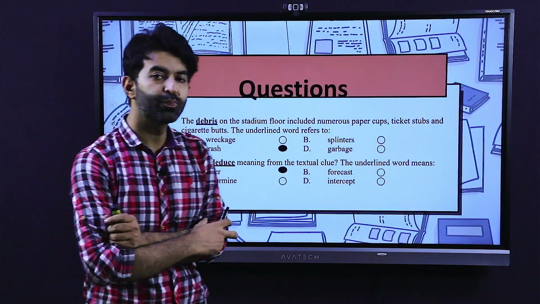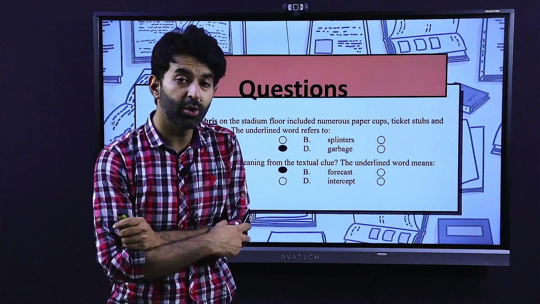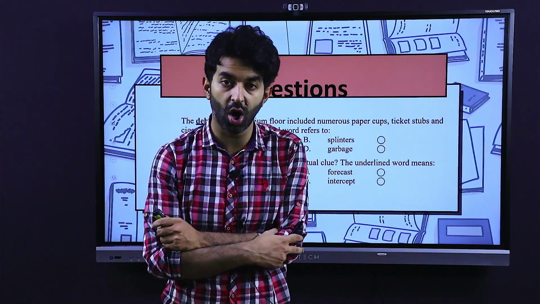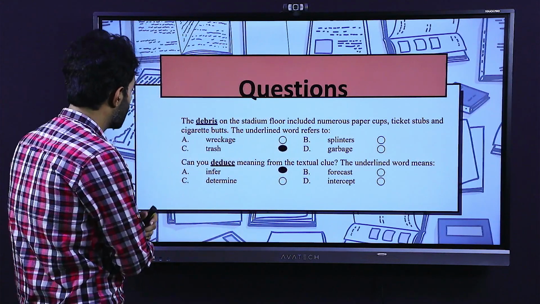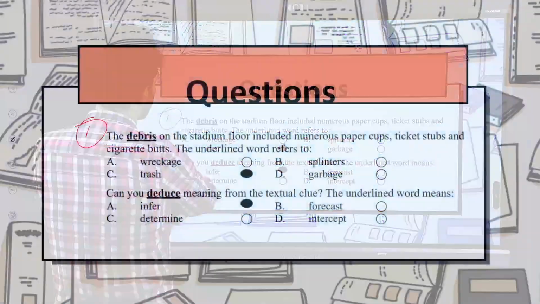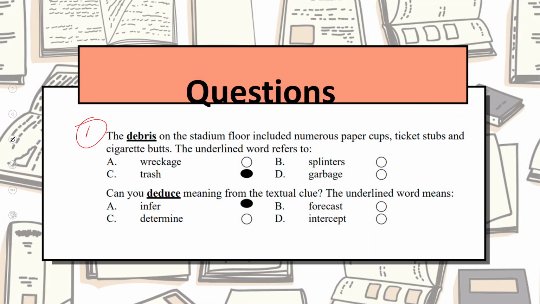Now let's put the theory into practice. Let's put our understanding and knowledge to the test and see if we can do it. Number one: the debris on the stadium floor included numerous paper cups, ticket stubs, and cigarette butts. The underlined word is debris. The S is silent, so we are not going to pronounce the S over here.